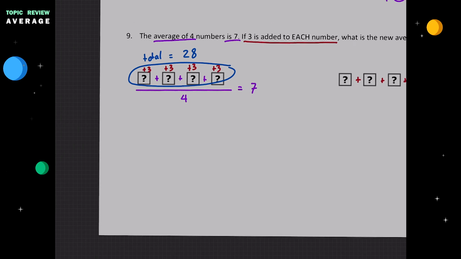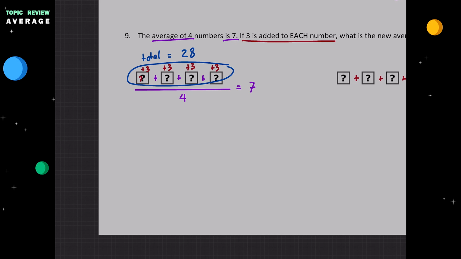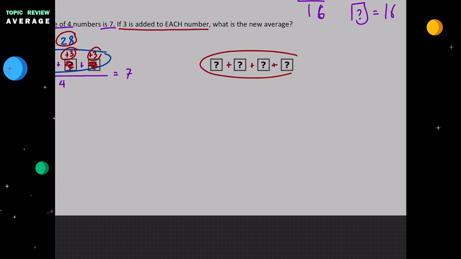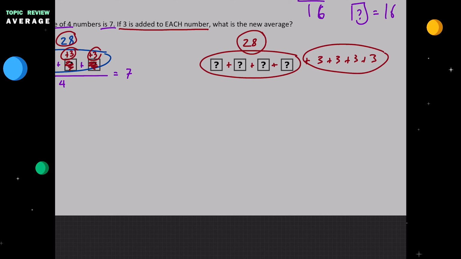I don't know what number each one of these is. But I do know that the 4 of these, 1, 2, 3, 4, add up to 28. Then we're going to add 3, add 3, add 3, add 3. So you're going to get 28 plus 3 plus 3 plus 3 plus 3.